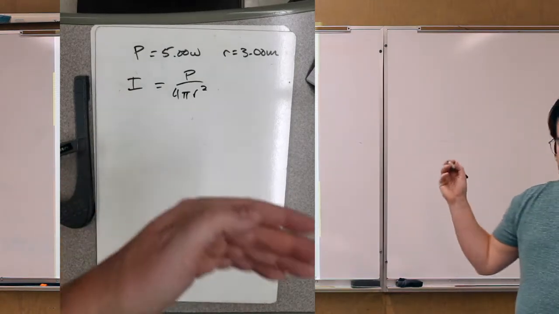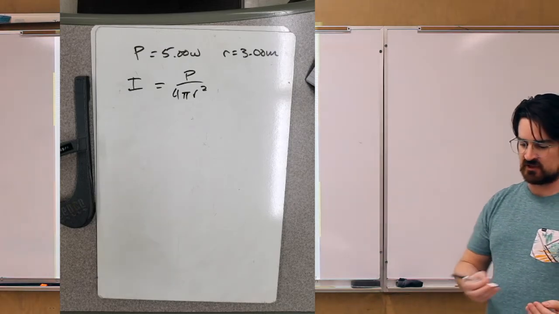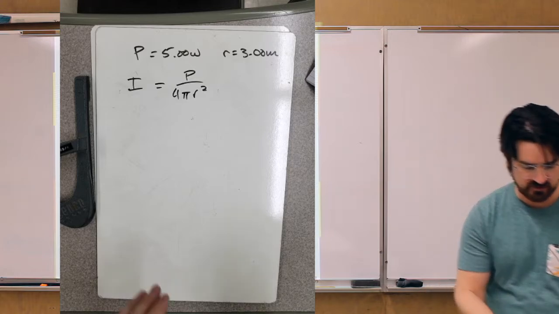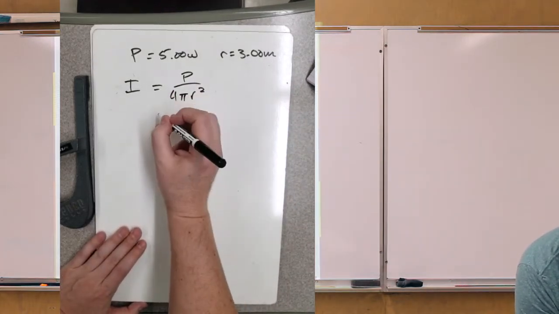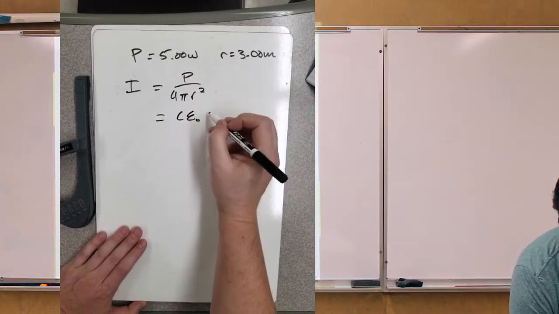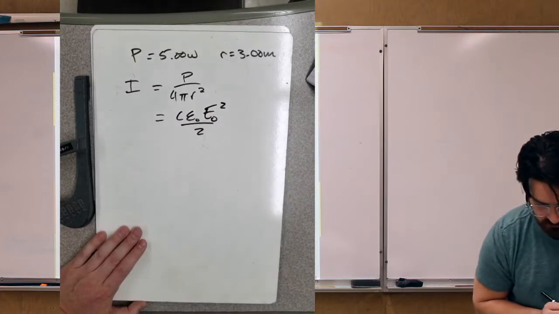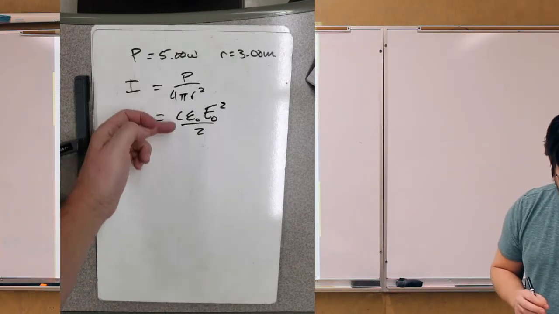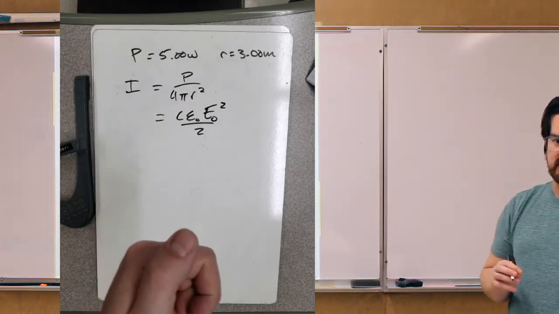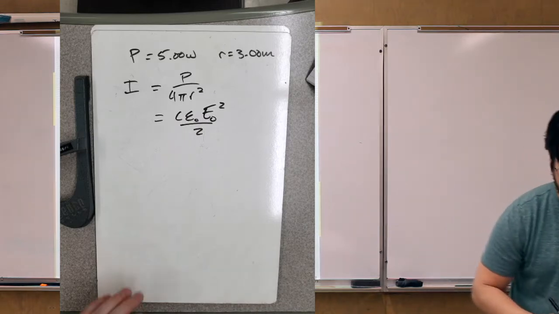But then from the previous slide, or the slide before that, we know that the intensity is related to the electric field amplitude or magnetic field amplitude. So this intensity is also equal to c epsilon naught E0 squared over 2. So that means we can relate these two things, and we know this power and this radius, which will allow us to find the amplitude of the electric field at that distance from the light.